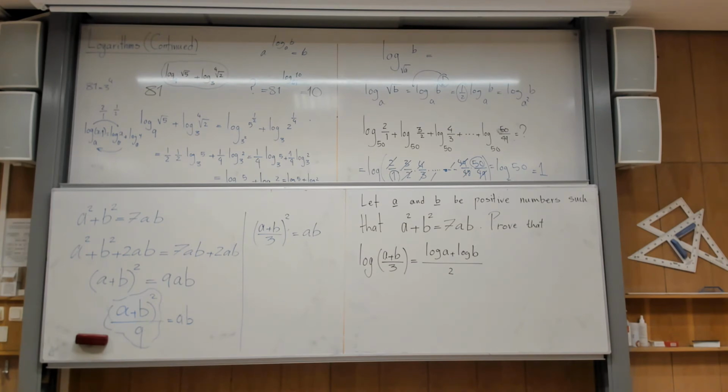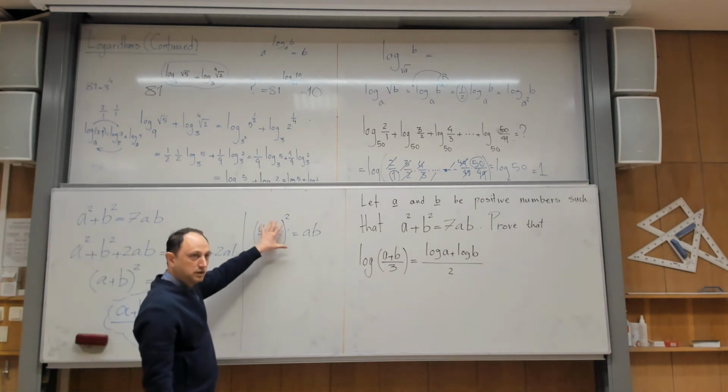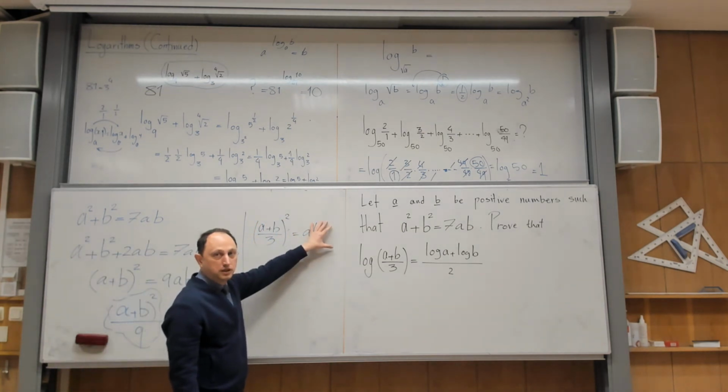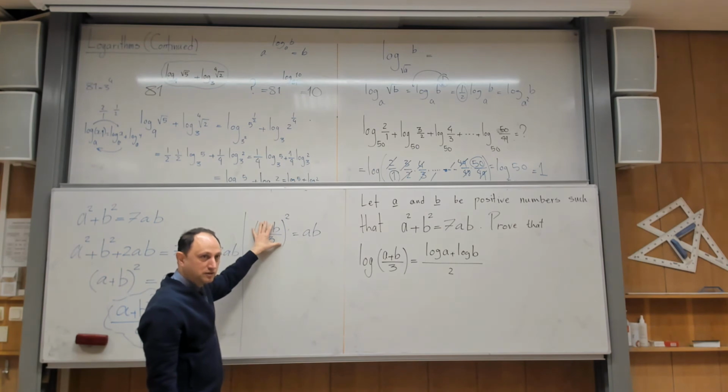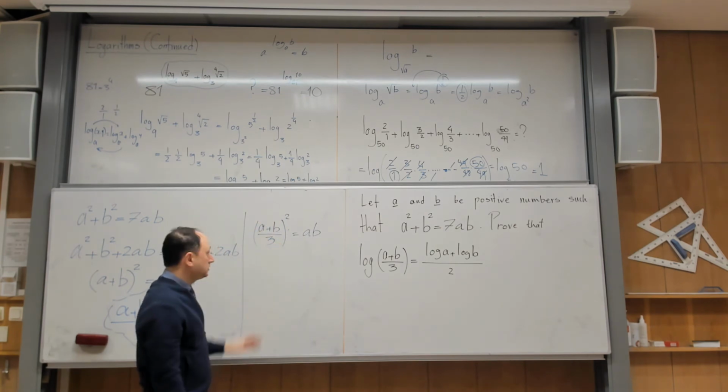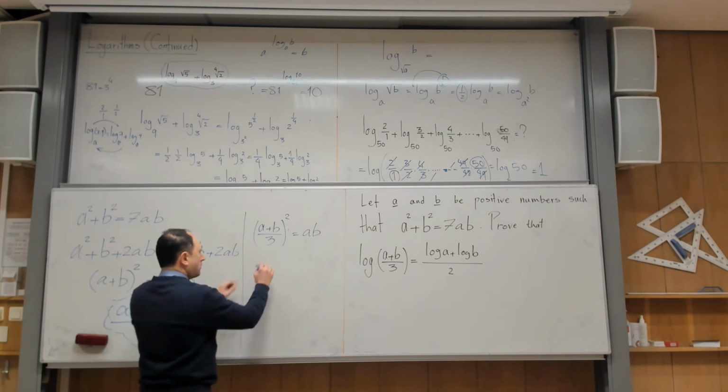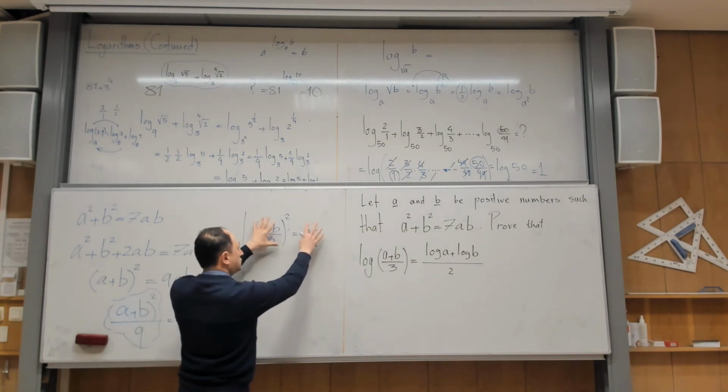Someone else? What would be the next step, do you think? I don't have logarithm. I want to have logarithm. What's the next step? Use logarithm. How? Because if this number is equal to this number, then the logarithm of this number... So you would do logarithm of AB base A plus B divided by 3 is 2. Yes, so I would say to myself that you tell me that these two numbers are equal.